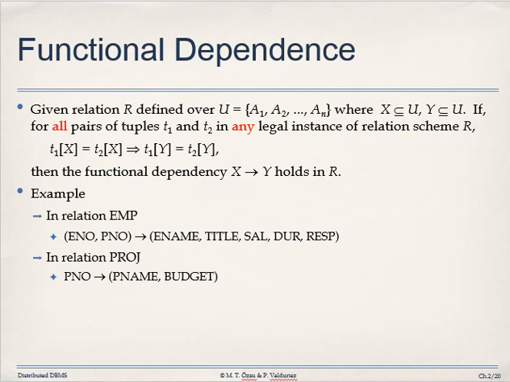That means a particular attribute depends on a set of attributes or on a single attribute. Here this information depends on E number and P number, that is employee number and project number, while in the project relation, the project name and budget are related to the project number. So here we have a functional dependency.